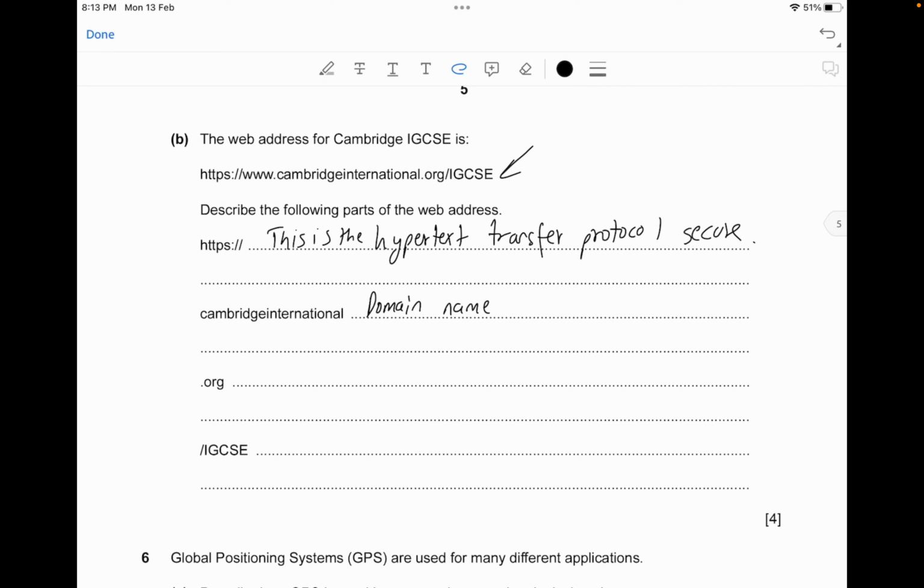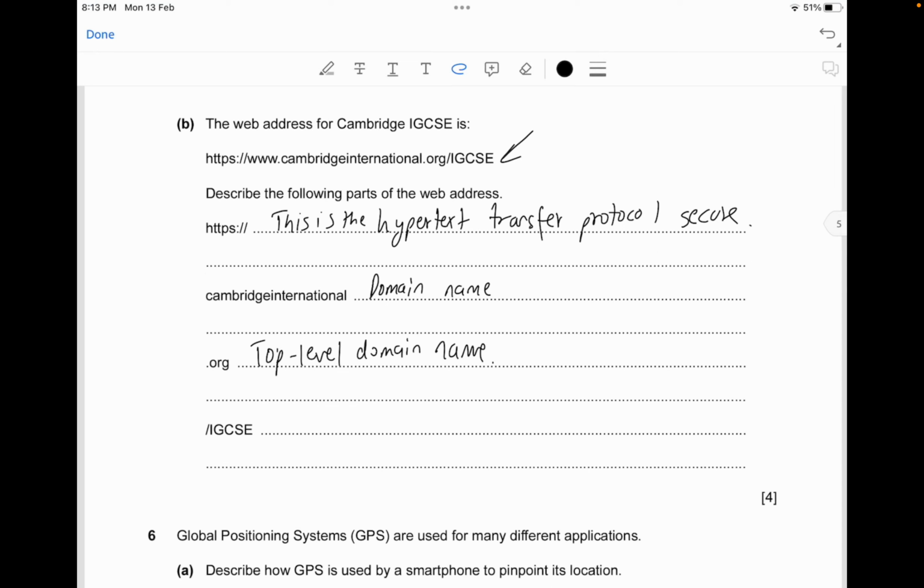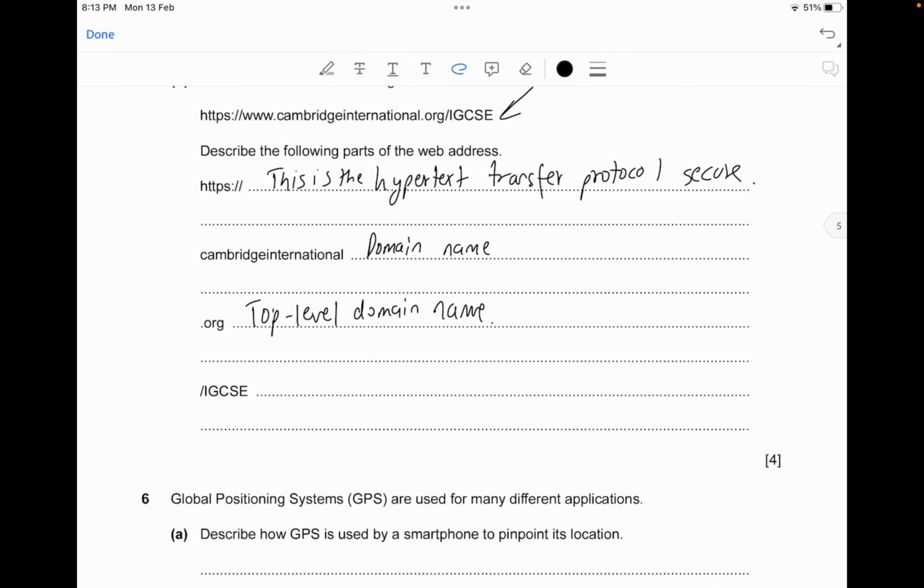The .org is the top level domain name. You can mention that it's registered as an organization. And the /iGCSE is a folder.